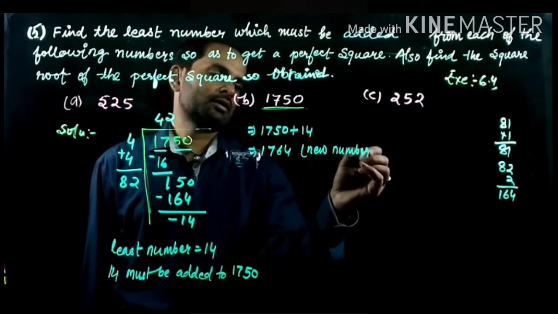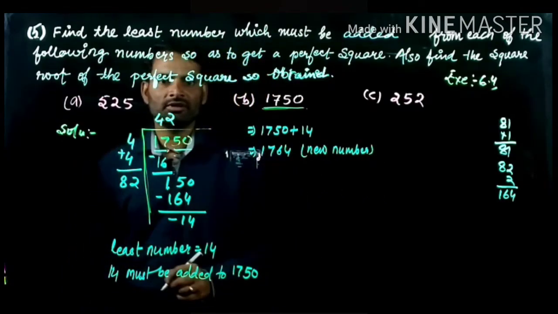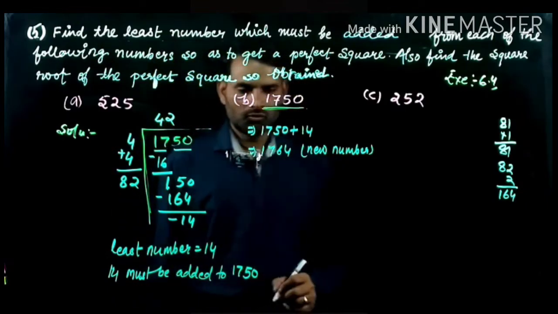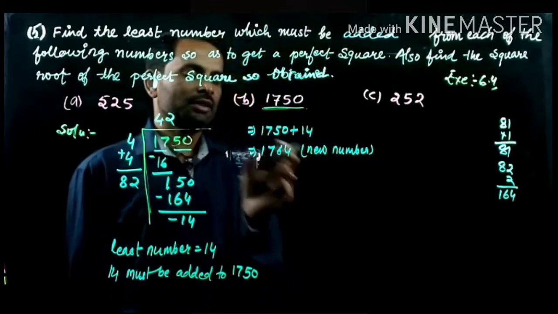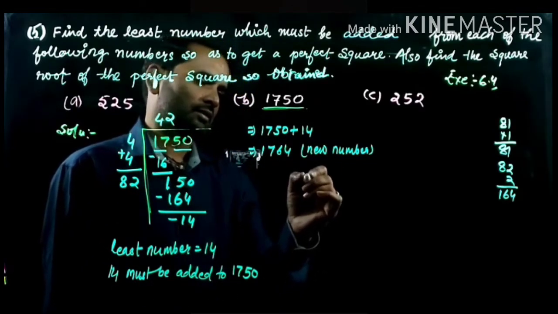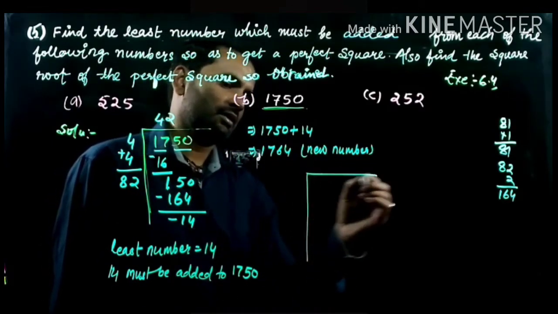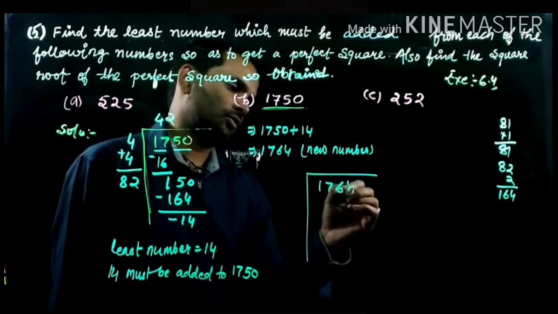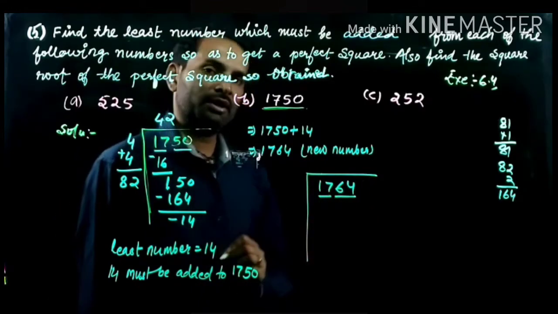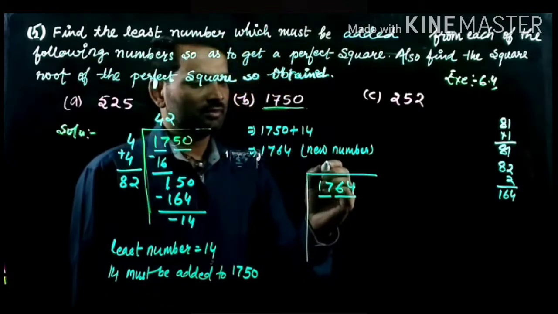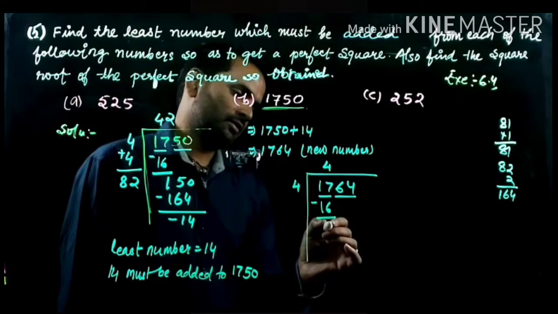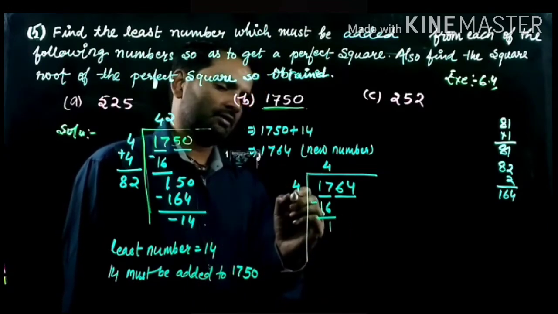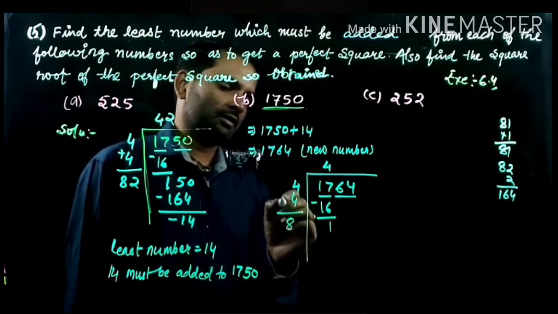Okay, the new number is 1764, and again you also find the square root of the given new number. Yes, by the division method you write 1764 and make a pair. Okay, and first it will be divided by 4, 4 times 4 is 16, after subtracting 1 is 4, add 4, it is 8.